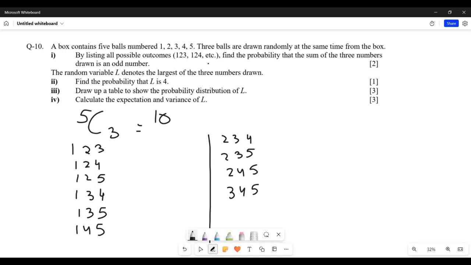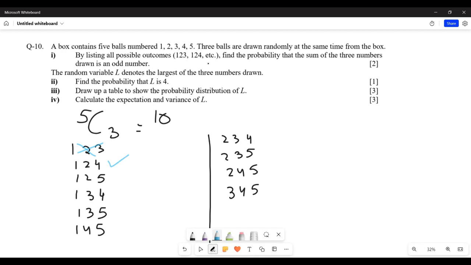All right. Find the probability that the sum of the three numbers drawn is an odd number. So is the sum odd here? No, not odd.